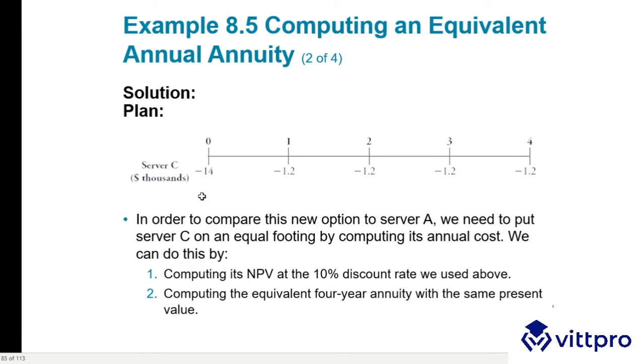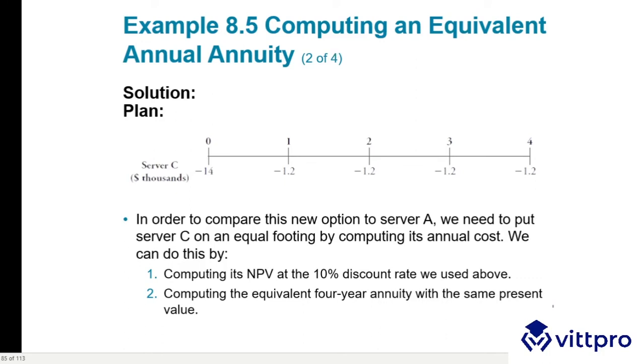To calculate the NPV the easy way, you can use the NPV formula. You add the first cash flow plus the NPV, give it the rate, 10%, and then select the values individually, and then you calculate. So this is the net present value of all the cash flows, minus 17.80.